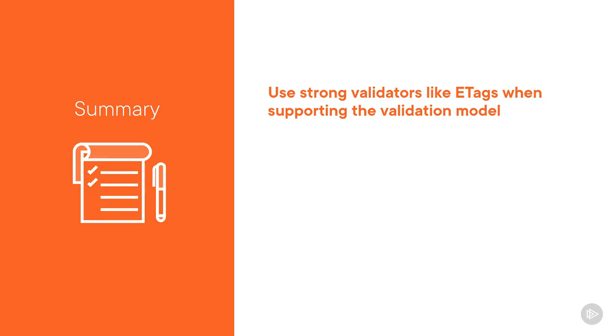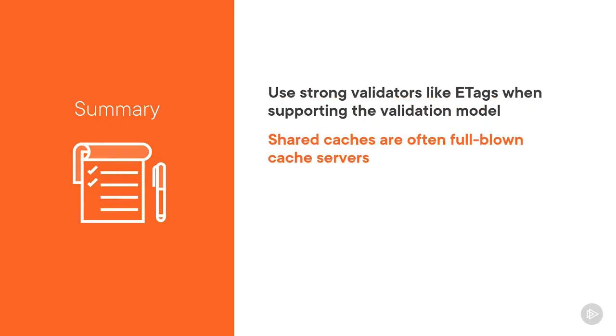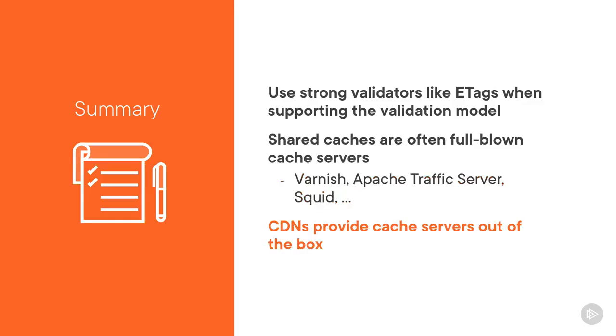The response caching middleware isn't a good option for anything but trivial cases. Shared cache stores are seldom something that you'd implement at application level. They are full-blown cache servers in their own right. Good options are Varnish, Apache Traffic Server, or Squid. Another option is using a CDN, which already implements one of those shared caches out of the box.